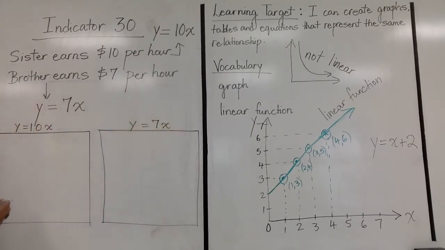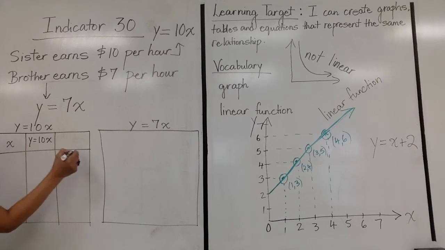So I'm just going to show the rule like this. This is my x, this is my rule, which is y is equal to 10x, and then this is my y, which is my output, okay?